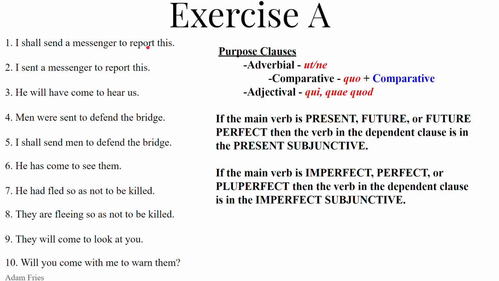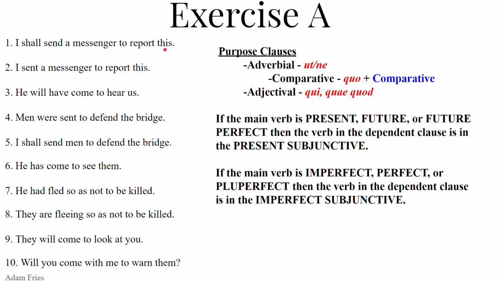Now we could also translate this into Latin adjectivally, using a relative purpose clause, an adjectival purpose clause, instead of the adverbial kind. So we'll need qui, quae, quod to introduce the dependent clause, and it needs to have an antecedent, the noun that it agrees with and modifies. And that's going to be messenger, because we want the messenger to report this. I shall send a messenger who is to report this. That is his purpose.